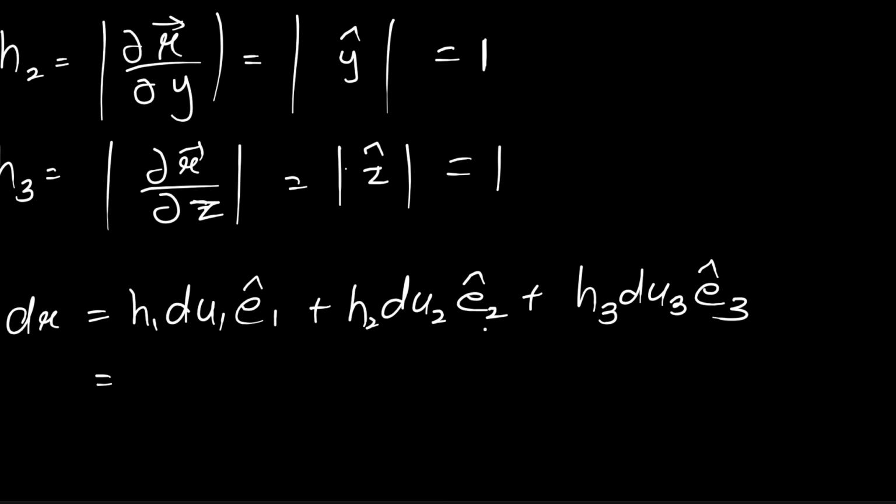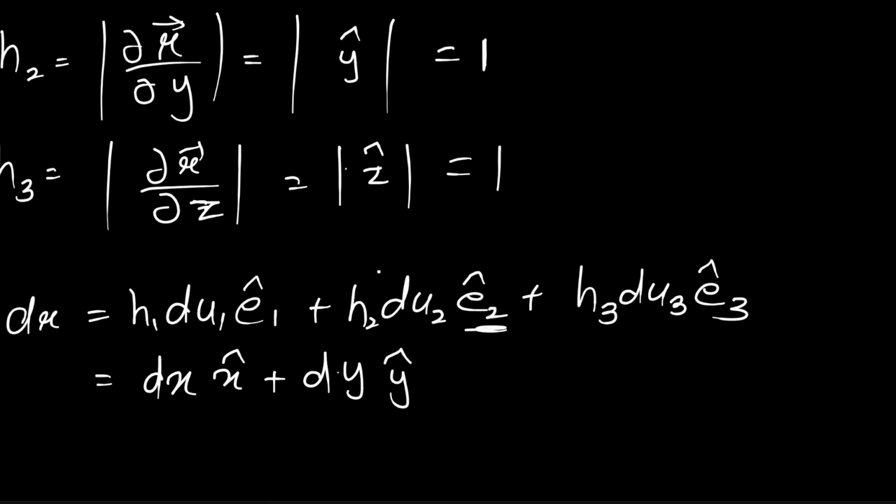Then for the complete derivative, just put the values of h1, h2, h3 for the Cartesian coordinates. We found the h1, h2, h3 values are 1, 1, 1 only, and du1 is nothing but dx. So it is dx x cap plus, h2 value is 1, dy y cap.